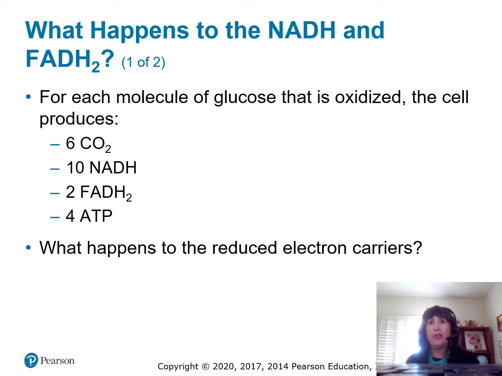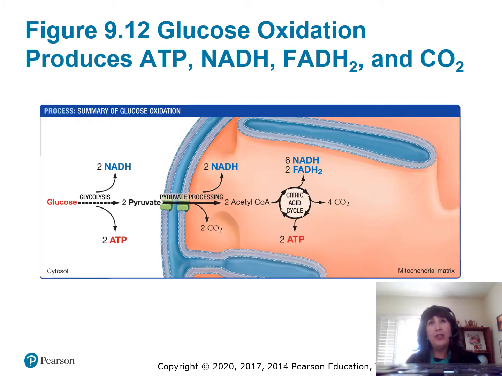It can only be transferred or transformed. So where is all of this energy going in the form of these high energy electrons? The energy is going to go to the last step. Here you can see all of these electron carriers from step 1, step 2, and step 3. So where are all of these going? They are going to go to the very last step, step 4, the electron transport chain.